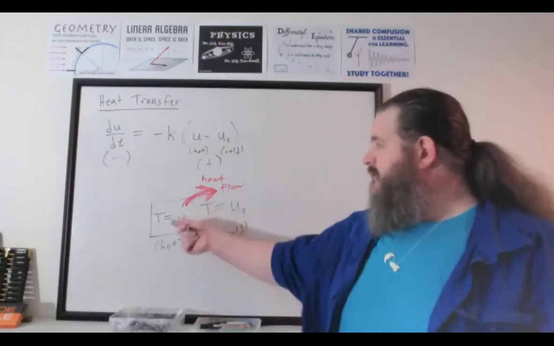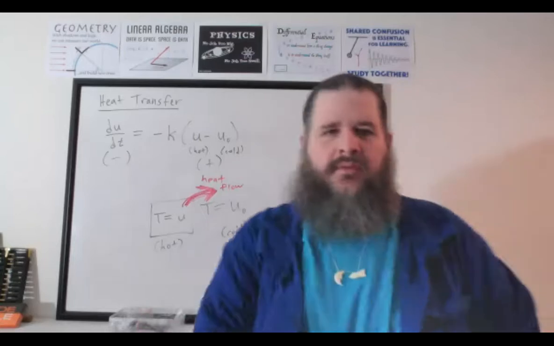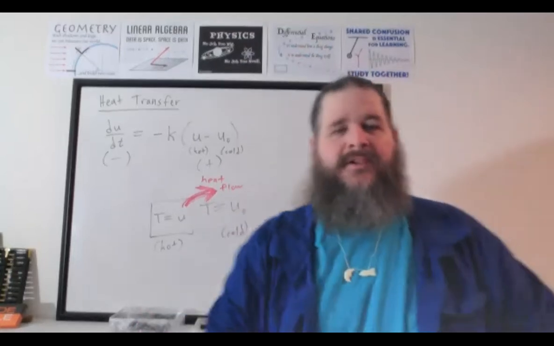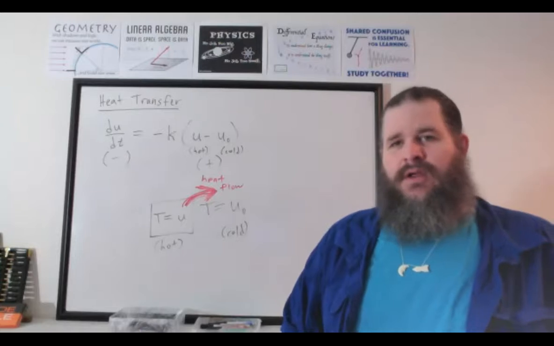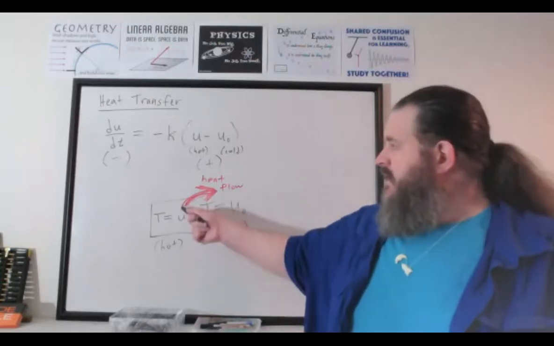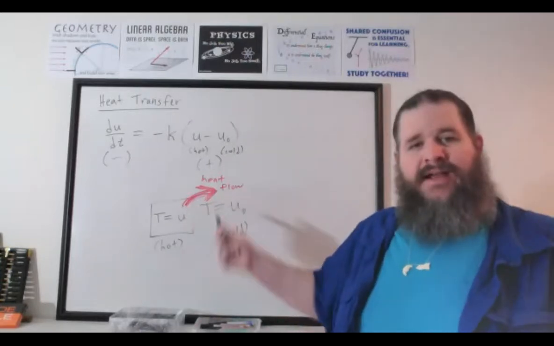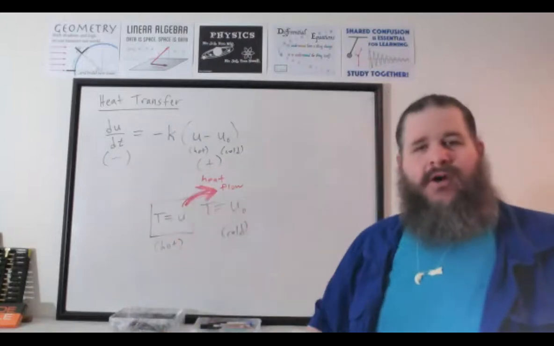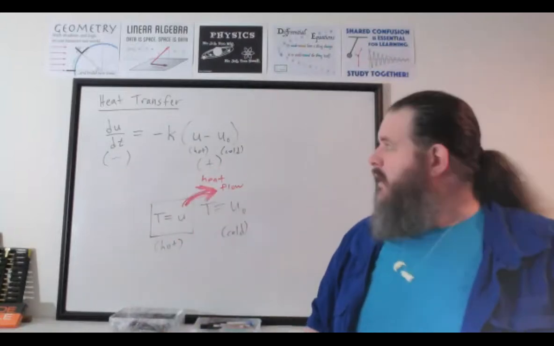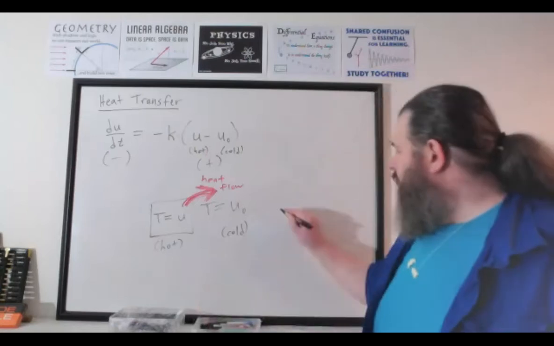Right, if these temperatures are very different, then the rate at which heat flows is going to be much faster. Heat flows proportionally to the difference in temperature. First of all, just in terms of direction, heat is going to flow towards the colder object. But also in terms of the rate, the more different the temperatures are, the faster heat is going to flow. And this is why we have this proportionality in the first place.